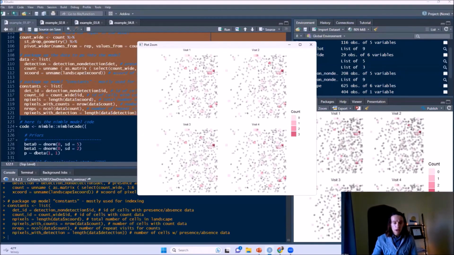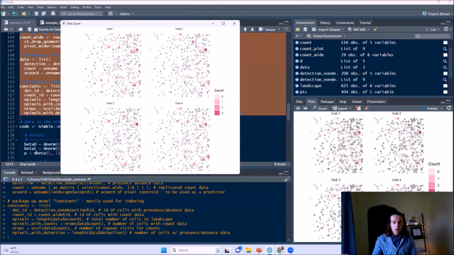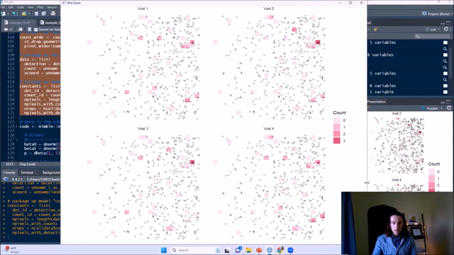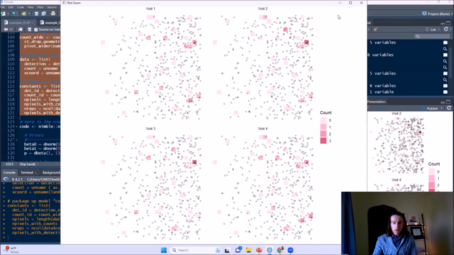So next, I'll show you our count data. Here, a few things to notice are that we have repeated visits. We've got 4 repeated visits. Another thing to notice is that we have a relatively small number of cells within the landscape that we survey with these counts. I think it was like 3 or 5% or so. And then another thing to notice is that we have imperfect detection here.